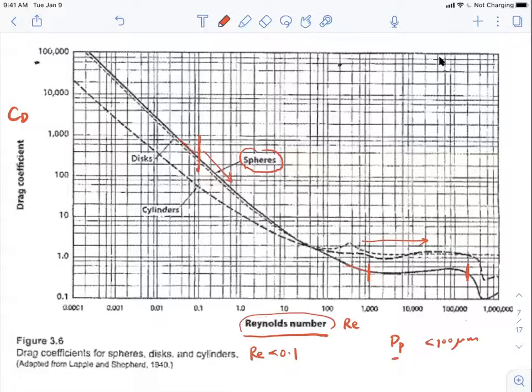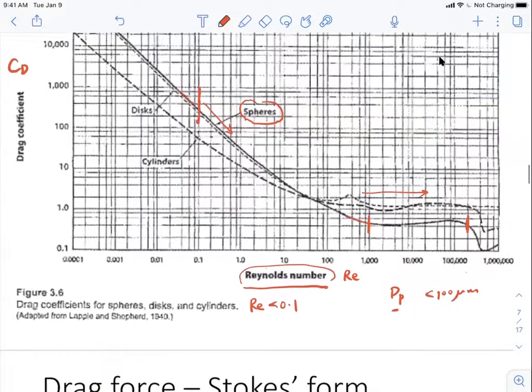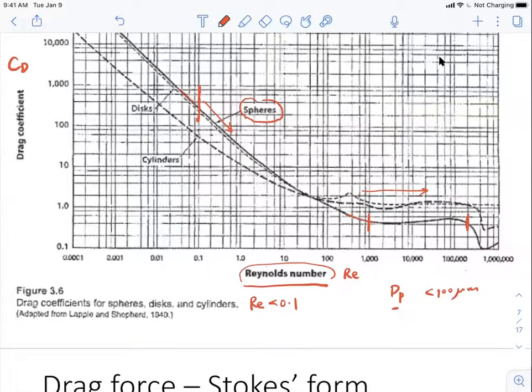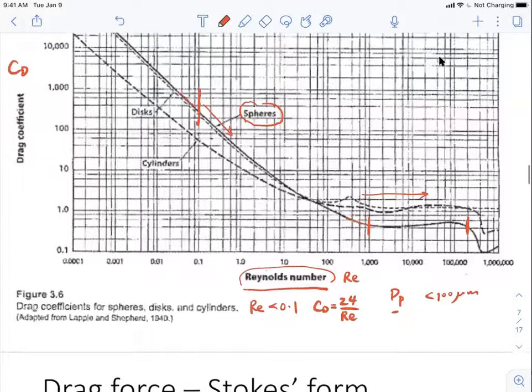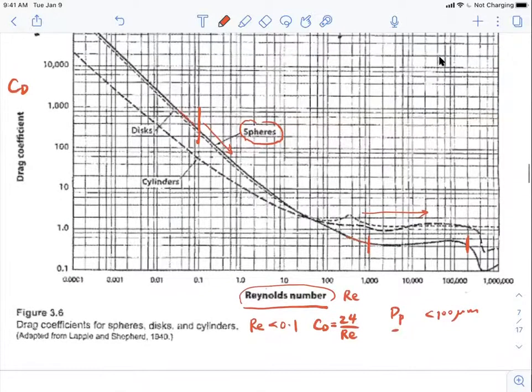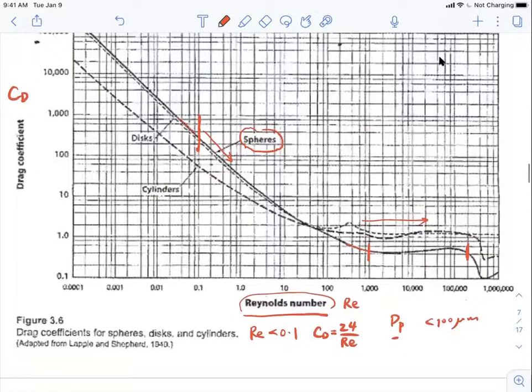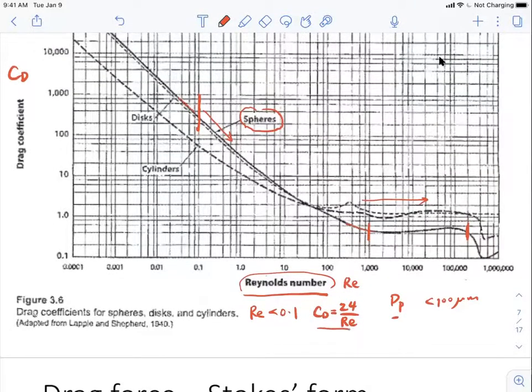People found that when the Reynolds number is below 0.1, then CD is just equal to 24 divided by the Reynolds number. Because we're showing the CD value and the Reynolds number in log scale, we get a straight line in this log-log plot. So what does this mean in terms of the drag force?